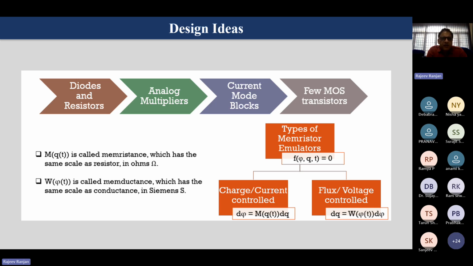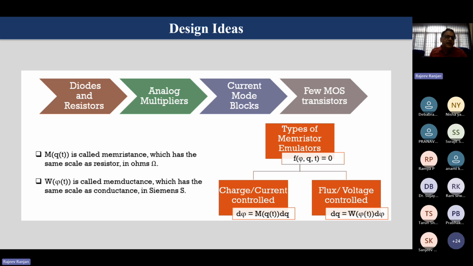And now people are working on memristor emulators using few MOS transistors. Using 1 or 2 or 3 MOS, you can design memristors. You can emulate the property of the memristor from CMOS.